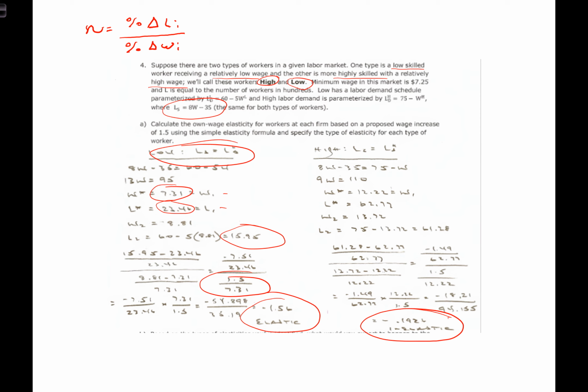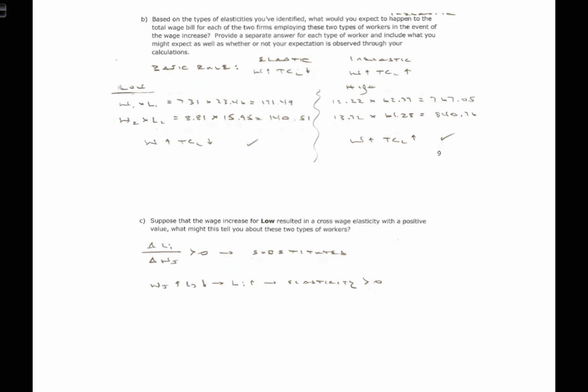But I created a W1 from W star, an L1 from L star, and then a W2 by expanding W1 of 12.22 to 13.72. That's a 1.5 expansion, exactly as I've suggested right here. And then we go ahead and identify the new level of labor, which you would expect to be a reduction at a higher wage. And it's not much of a reduction because it ends up being a relatively inelastic, in fact, frankly, a very inelastic worker.